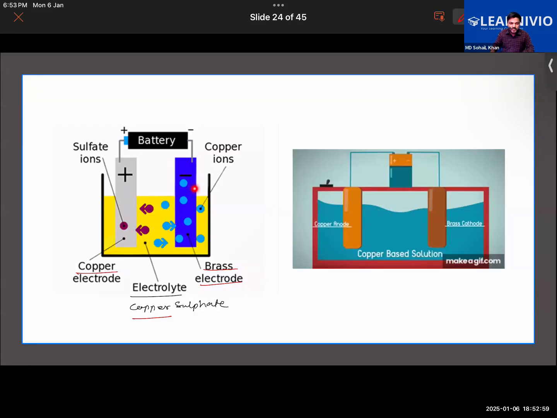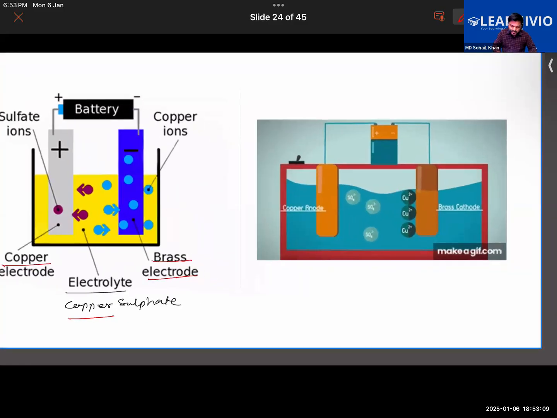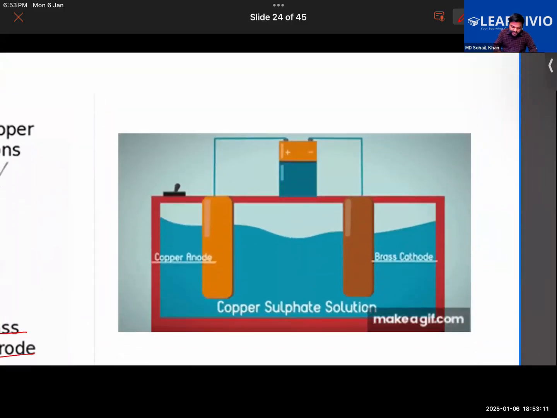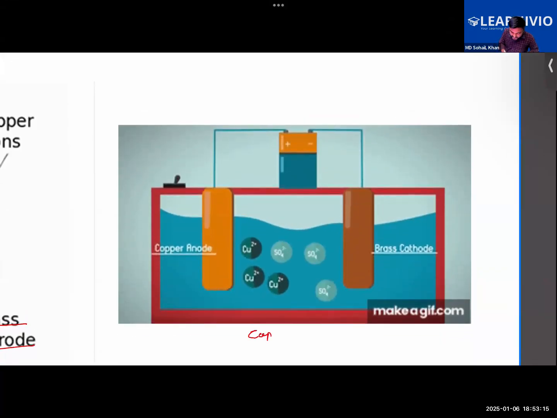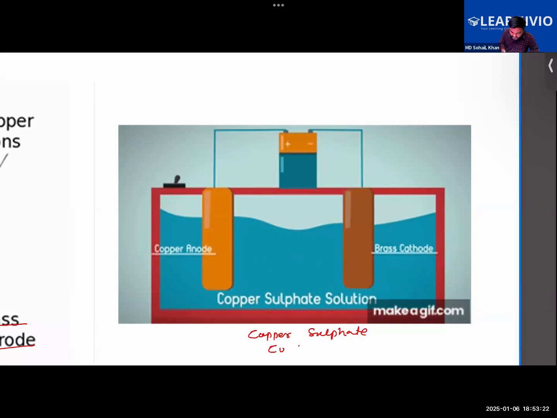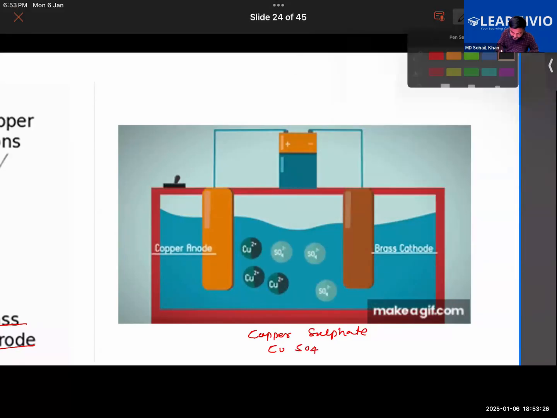Yes, sir. Good. Now, as soon as electricity flows through this, what will happen to the electrolyte? Take a look at this animation and tell me what is happening to the given electrolyte. Keep in mind that the electrolyte here is copper sulfate, and the formula for this is CuSO4. What do you think?